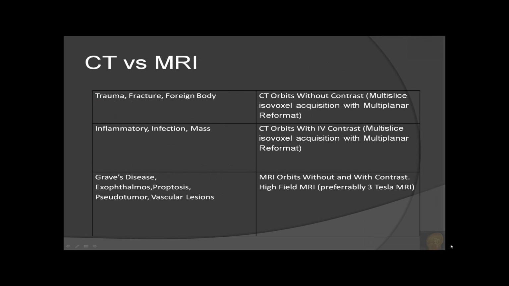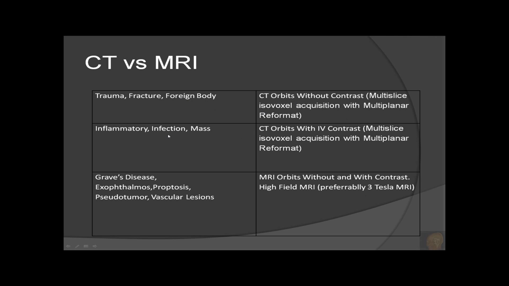And then you have to decide whether you want a CAT scan versus an MRI study for your clinical question. Basically, for trauma, fracture, or foreign body, that's a CT study of the orbit without contrast. That's good enough.